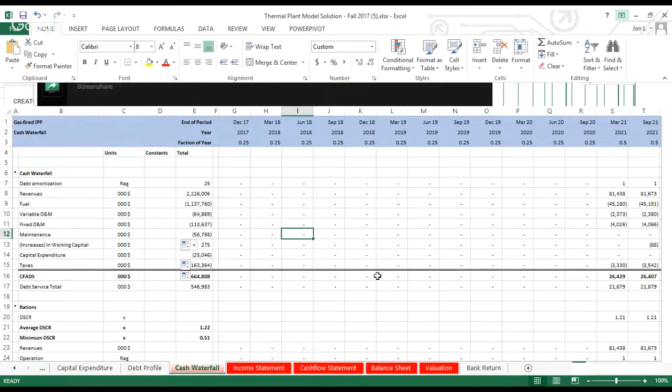Then you take out your debt service, and you find the difference between your CFADS and your debt service, so the delta between the two. And then you divide that by your revenues. And that's how you get your debt service to break even.